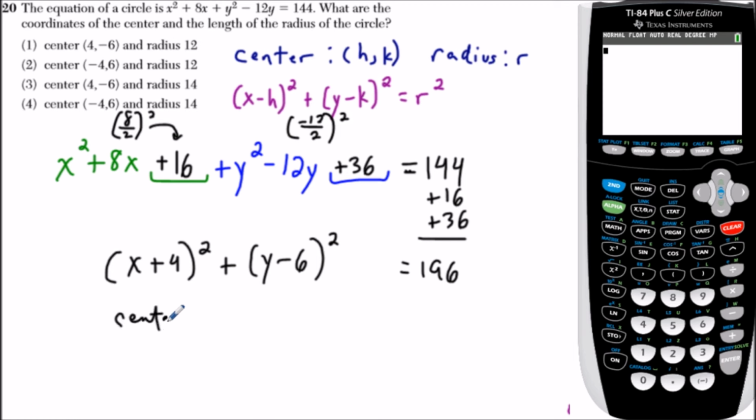So the center here is going to be at, instead of positive 4, we're writing negative 4. And instead of negative 6, we're writing positive 6. And then to find the radius, you just take the square root of 196, and it's 14. So since this could be expressed as 14 squared, this tells us the radius for this question is just 14. So that corresponds to choice 4.